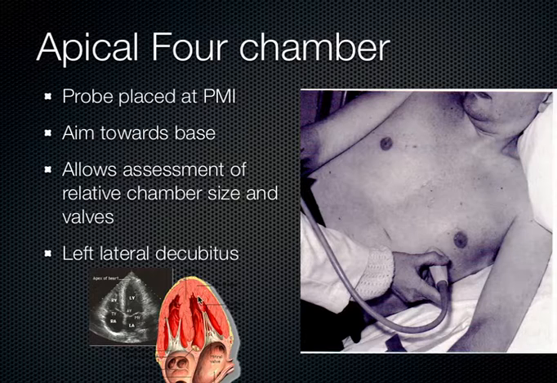This is a nice view to compare the chamber sizes, because here we see the left ventricle, the right ventricle, the left atrium, and the right atrium. And on the left side of the heart, we can see the mitral valve. And on the right side of the heart, we see the tricuspid valve. But notice how the right ventricle is about 2/3 the size of the left ventricle. And that's normal.